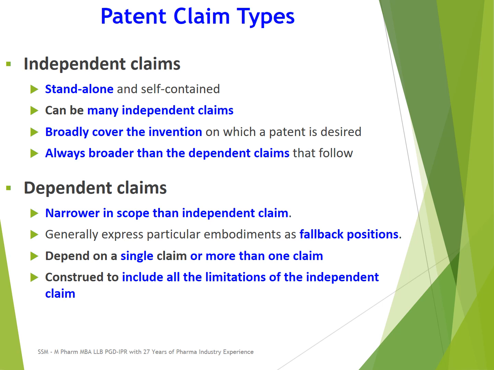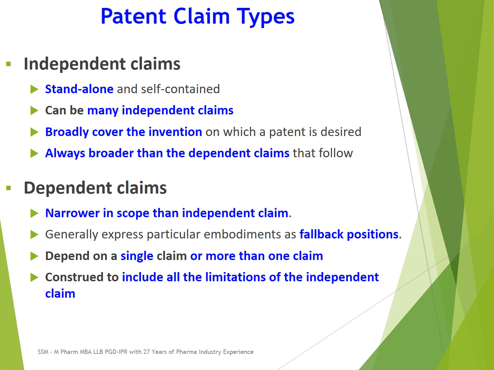But in the dependent claim, the patentee narrows down the scope of coverage. Now he is narrowing the claimed structure to a narrow structure, which may cover only one or two specific products, not 4 or 5 products.